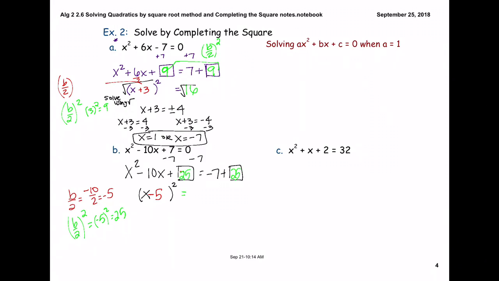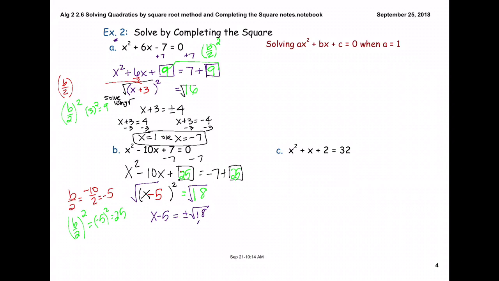Combined our like terms, negative 7 plus 25 is 18. When we take the square root of both sides to solve by using square roots, it will be x minus 5 equals plus or minus square root of 18.